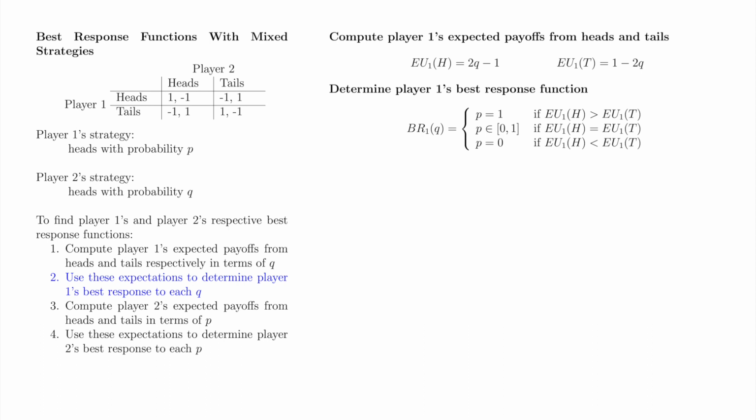If the expected payoffs of heads and tails are equal, then all possible P are best responses. We denote all possible P by P in [0, 1] in the middle line. If the expected payoff of heads is less than the expected payoff of tails, player 1's best response is to play P equals 0, i.e. tails with probability 1.